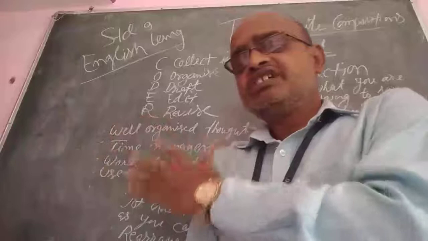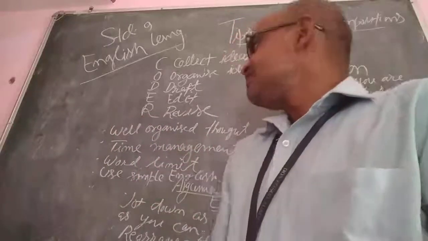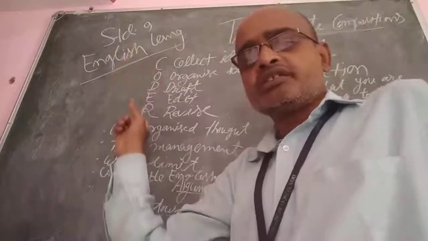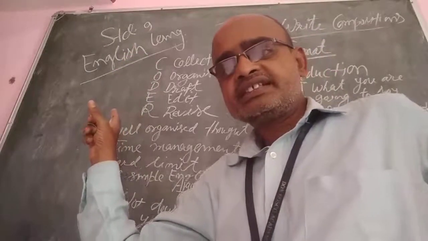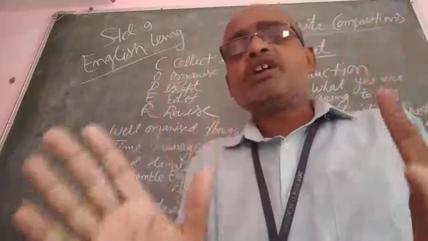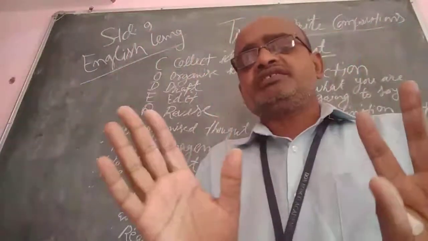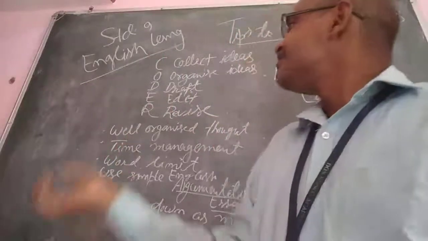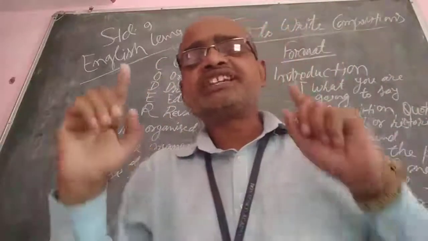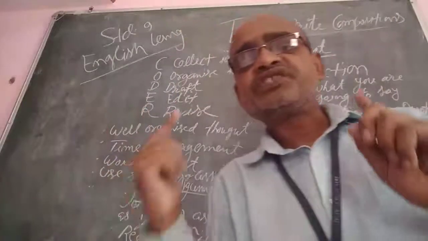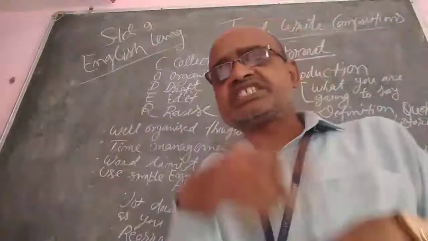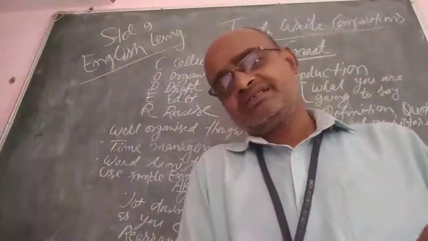Well, so here there is a code. You must remember CODER. Okay? First of all, choose a particular composition that you want to write. Then please go on thinking from the different perspectives, different aspects, different dimensions of the topic.